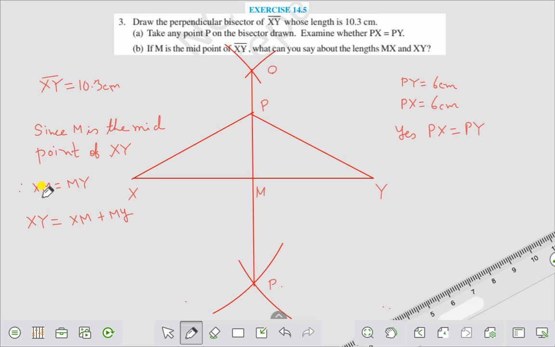Here you see that XM is equal to MY, therefore you can write XM plus XM, or you can write the length as MX also, that is 2MX.